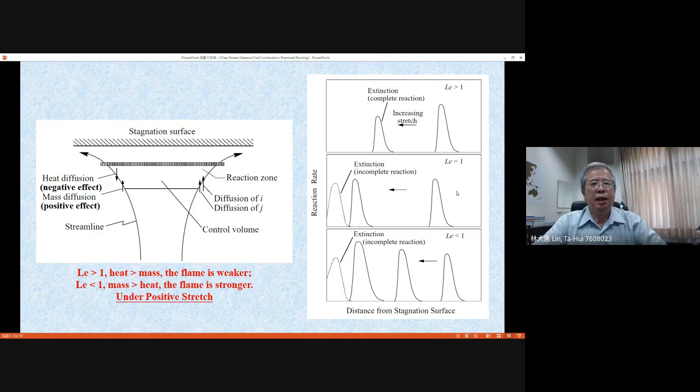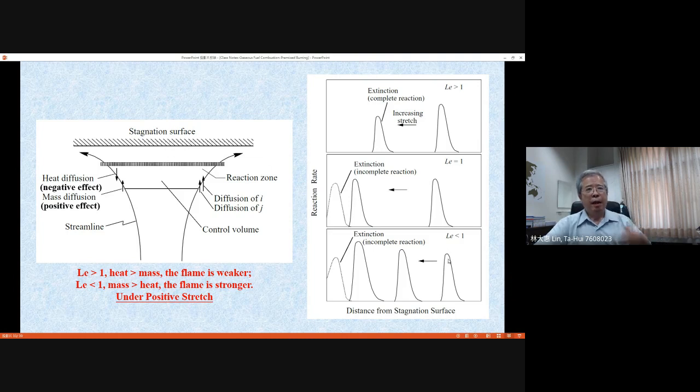In this process, with Lewis number equal to 1, heat diffusion is balanced with mass diffusion, so the chemical reaction rate will remain constant unless they approach the stagnation region.